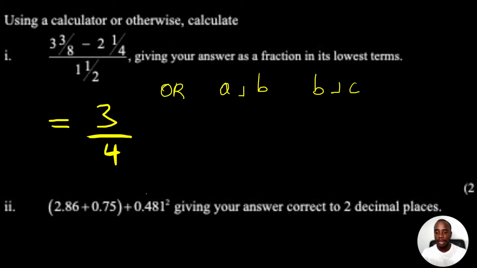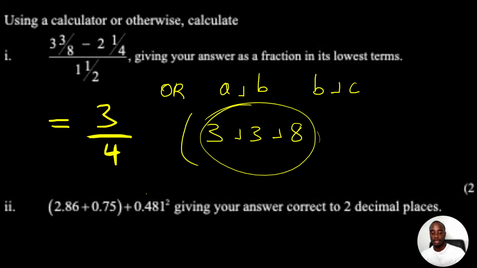You see that on your calculator? If you see that, that represents the fraction. Another thing that you could do is, of course, you have to have your brackets, because what's the problem saying? It's saying you're doing this part at the top first and then dividing it by 1 1/2. So in your calculator you would write 3 and 3/8. So this would represent 3 3/8.